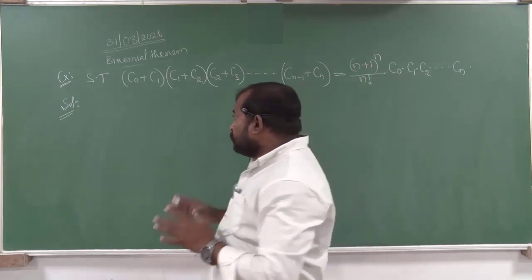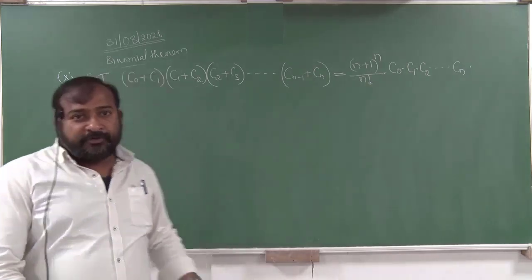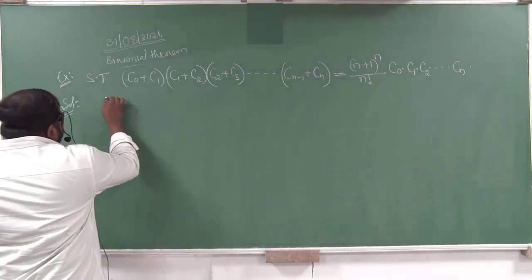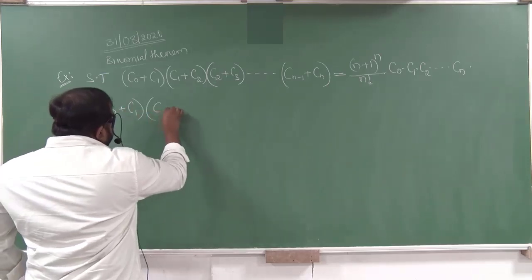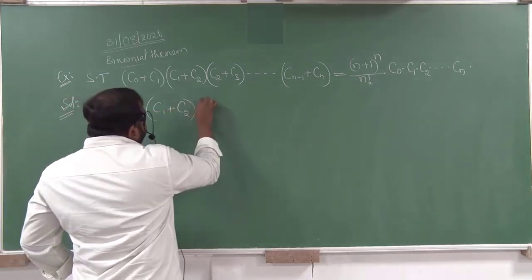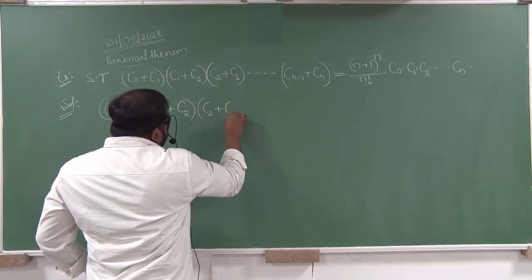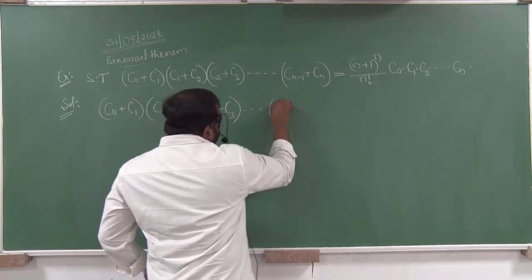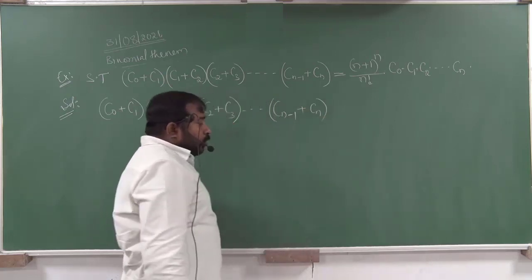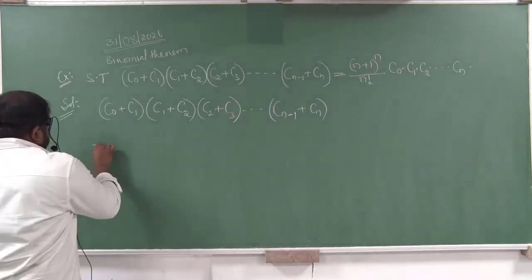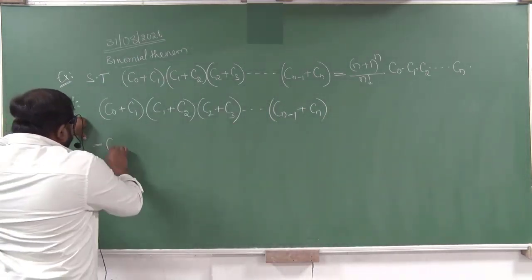Okay. Now listen, from the general, subjective point of view, how can you do it? Here the given value is C0 plus C1 into C1 plus C2 into C2 plus C3, and so on, up to Cn minus 1 plus Cn. First, here I can take C0 common.